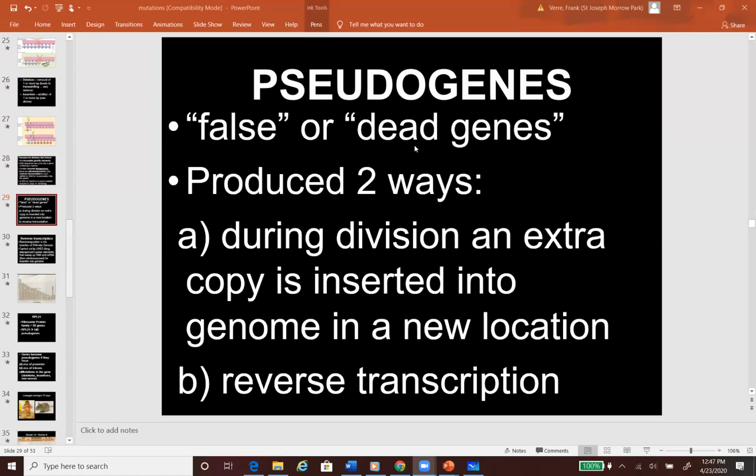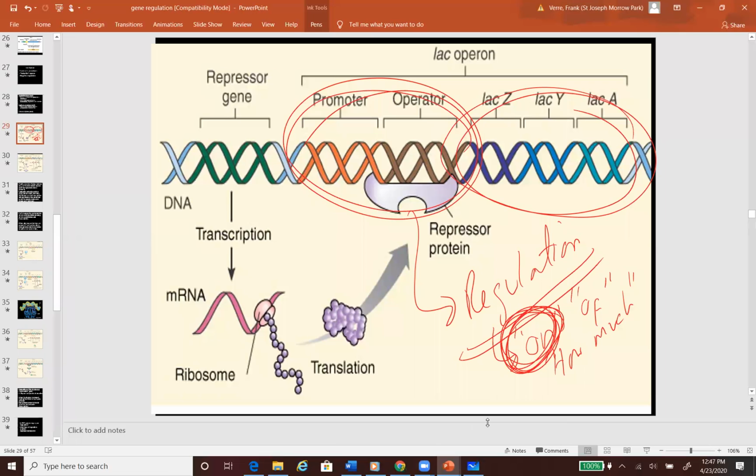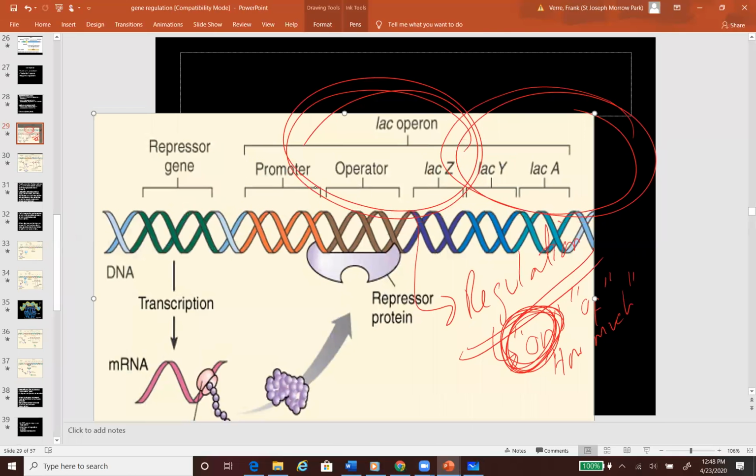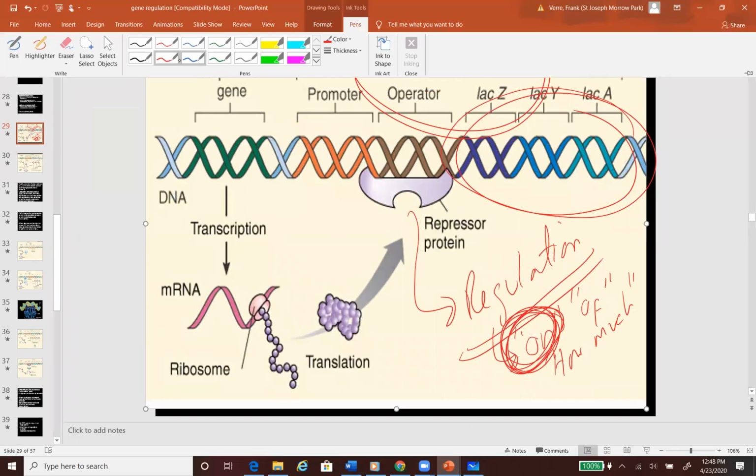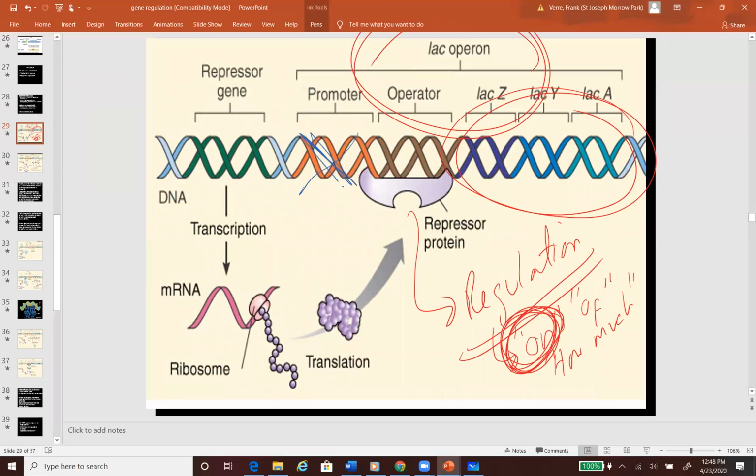Now, what happens if the promoter region is deleted? So if I go back to this picture and imagine a deletion, some sort of mutation that cancels out the promoter region, just wipes it out. So it's gone, disappears. Now, what happens in that case?